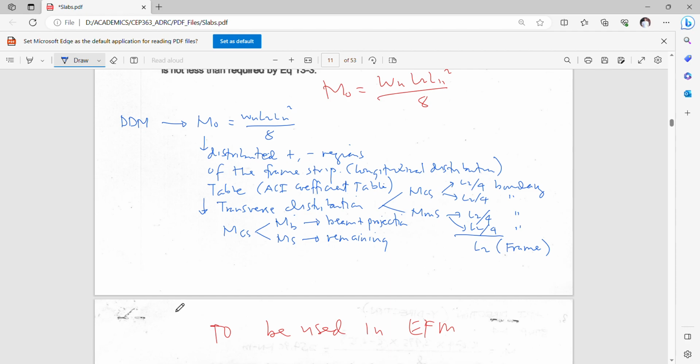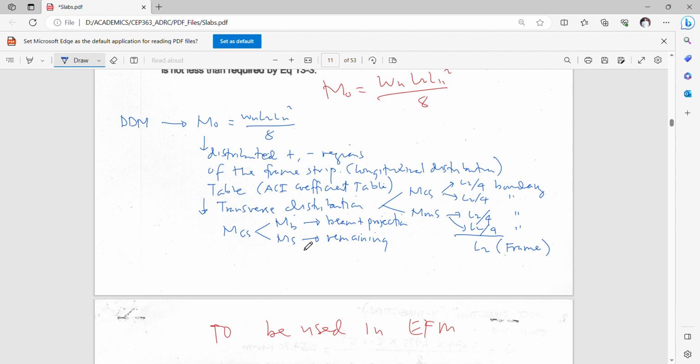So this is the transverse distribution of the moments coming from the static distribution on the regions, dividing it into a column strip and middle strip, and the column strip into an MB and MS region.